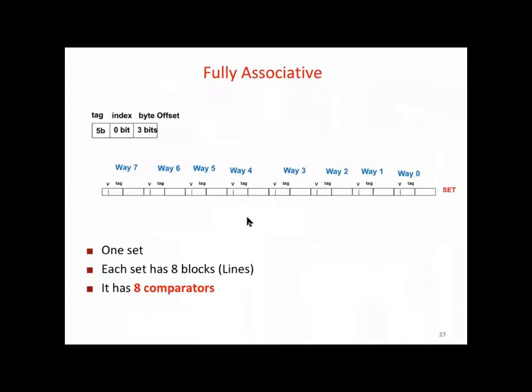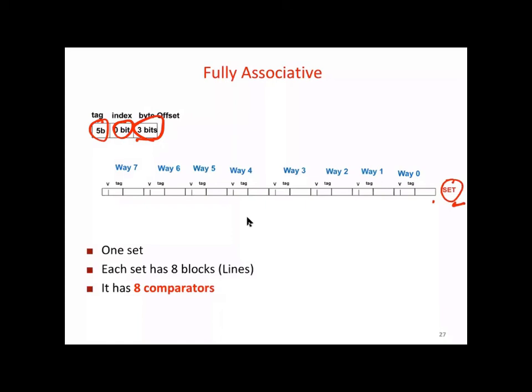And then from this one, we come to the diagram where this is fully associative. All 4 blocks are in one set. Now we will have 5 bits to represent the tag. And for the index, because there's only one set, the index will be 0, and then there is the byte offset. It means that we don't use the index here.